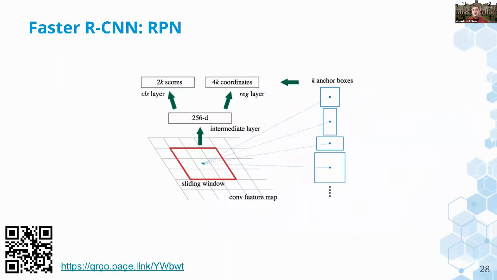Later in 2016, when researchers started looking deep into the results of RPN, they found that the quality of ROIs produced by RPN is pretty good, and they can even be used as a reference for the objects.